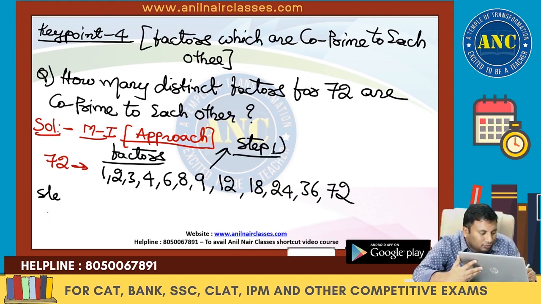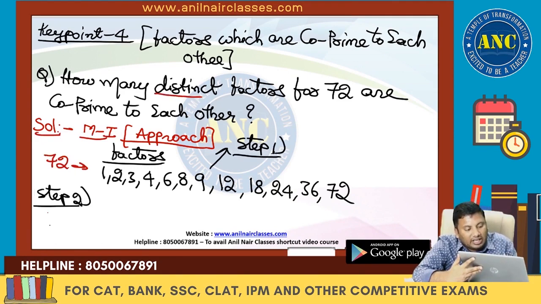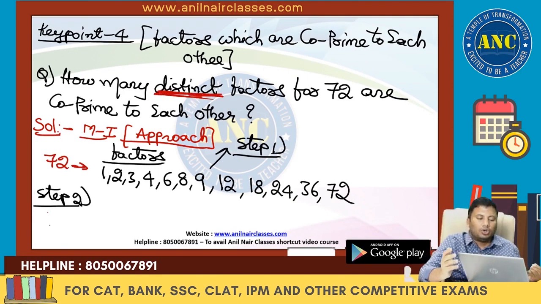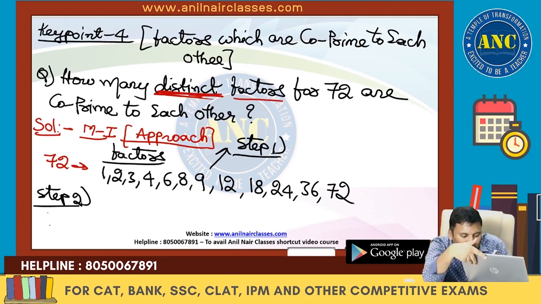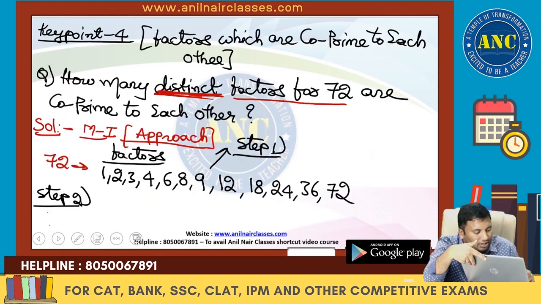Step 2: now read the question. The question says, how many distinct factors of 72 are co-prime to each other? Underline distinct: no two should be the same.